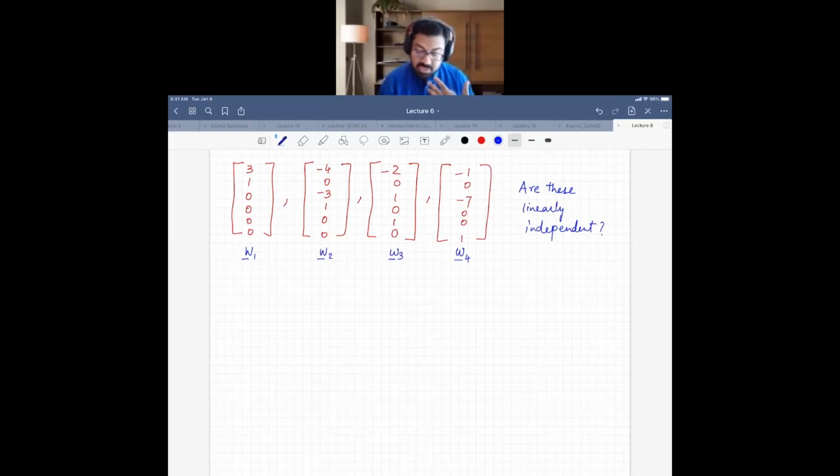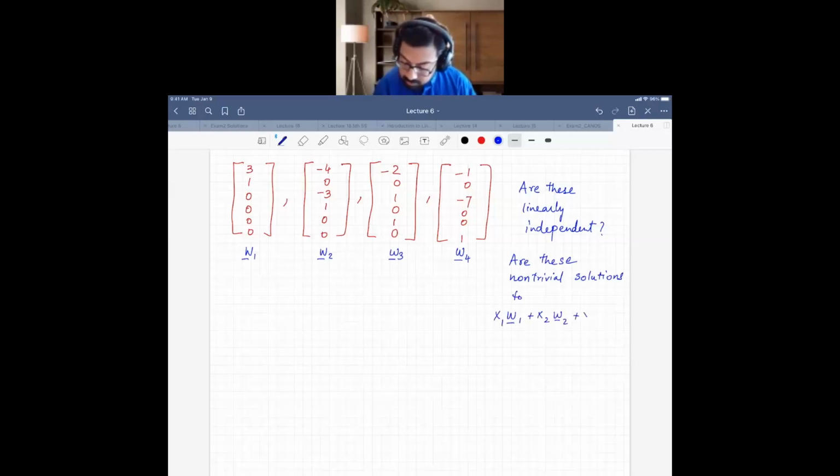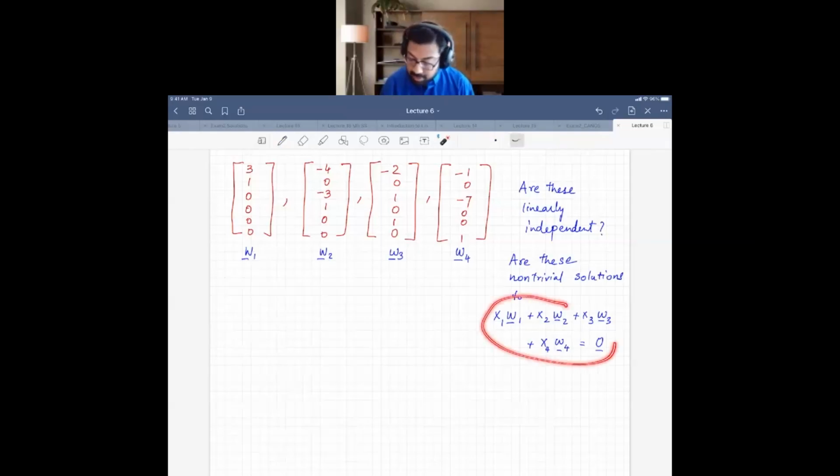You can ask the same question in a slightly different manner: are there non-trivial solutions to some amount of W1 plus some amount of W2 plus some W3 plus some W4 giving the zero vector?